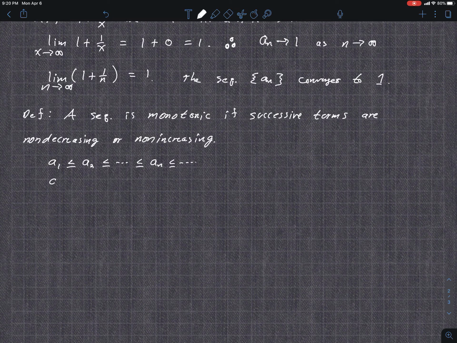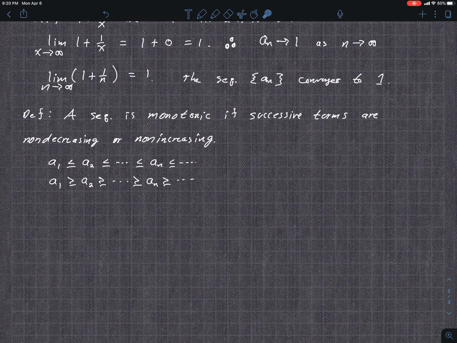So that's the concept. Let me write the other way. The other way would be a1 greater than or equal to a2, which is greater than or equal to, etc., greater than or equal to a sub n, greater than or equal to, etc. So that's monotonic: always increasing or always decreasing.